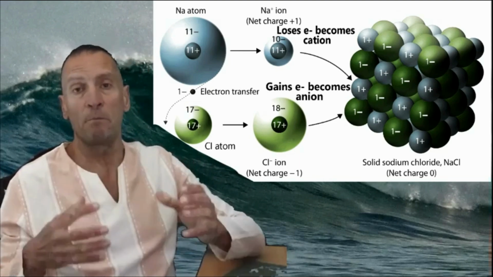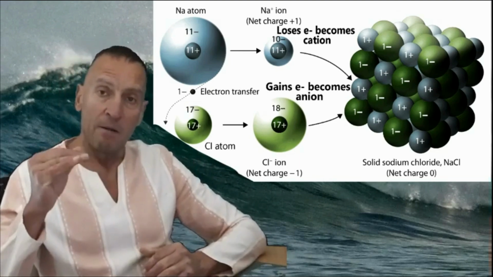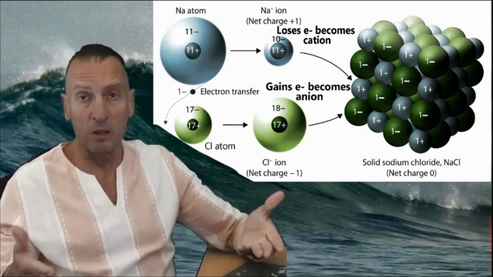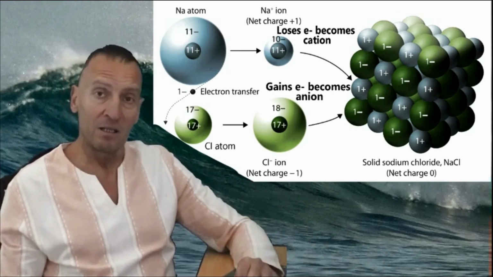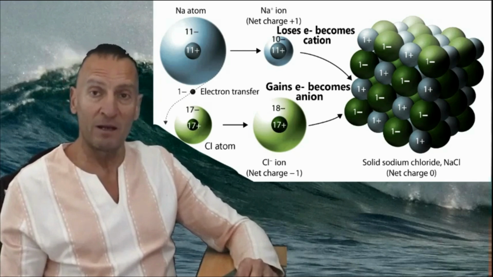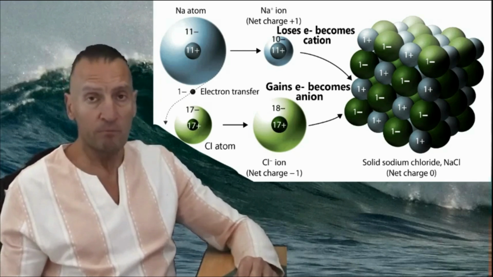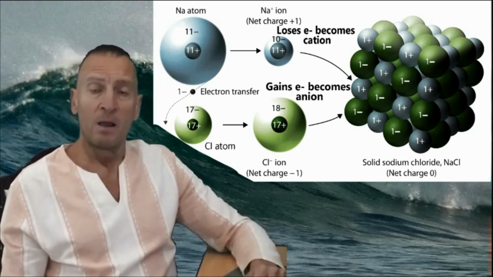This is why ionic compounds have a very high melting temperature. In the case of salt, 800 degrees. You need a lot of energy until you start melting the salt. That's the first type of bonding.